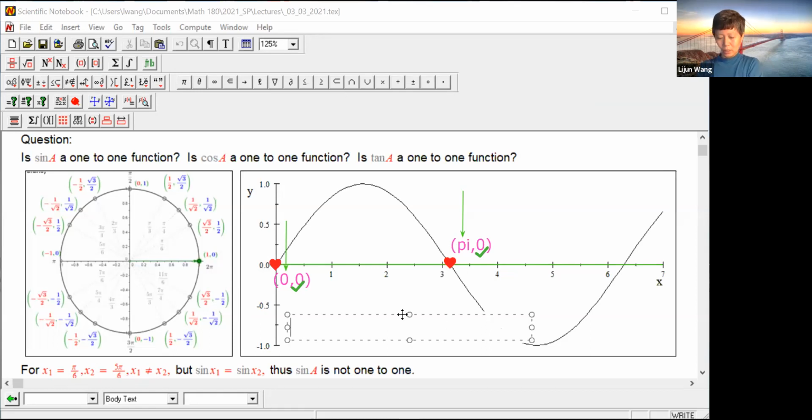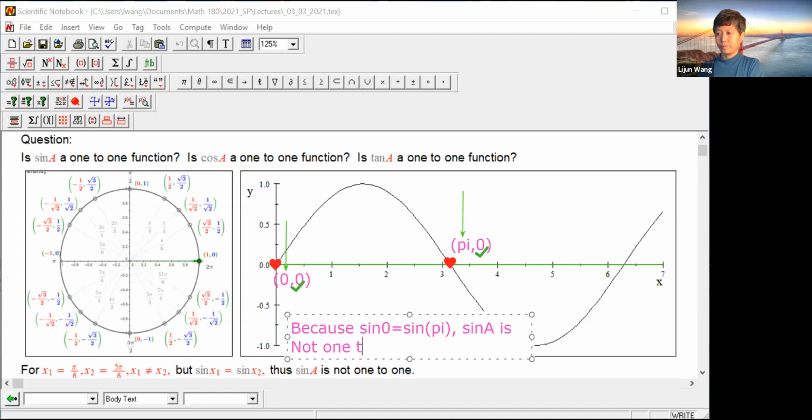You will say, because sine of 0 is the same as sine pi, thus sine is not 1 to 1.